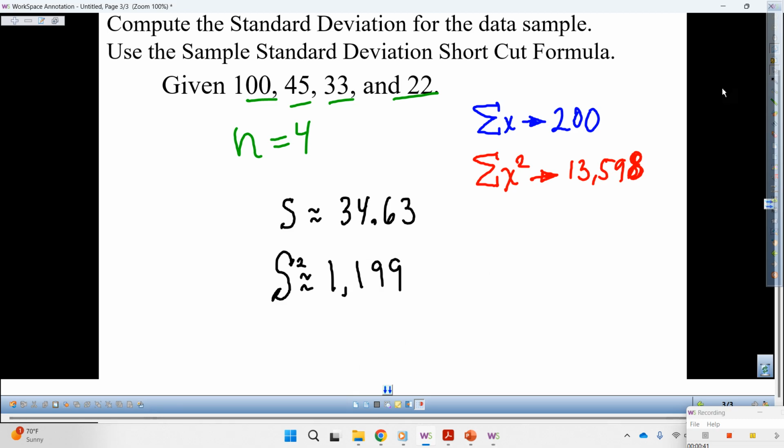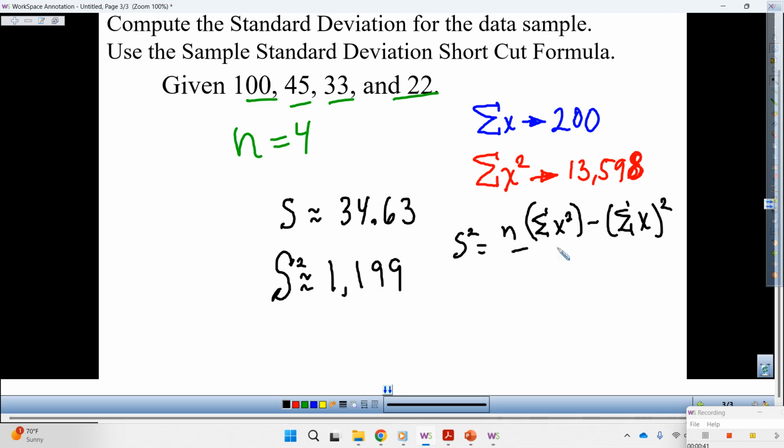All right, let me go over this because somehow you guys are giving me different numbers. So variance. We get n times the sum of x squared minus the sum of x squared over n times n minus 1.